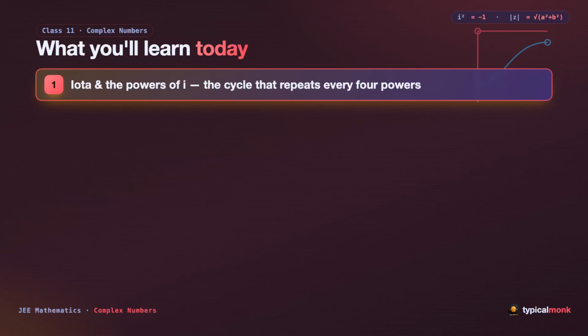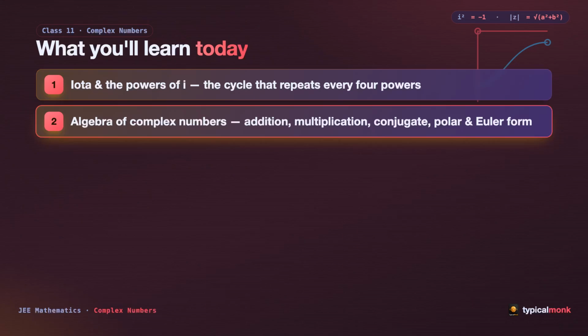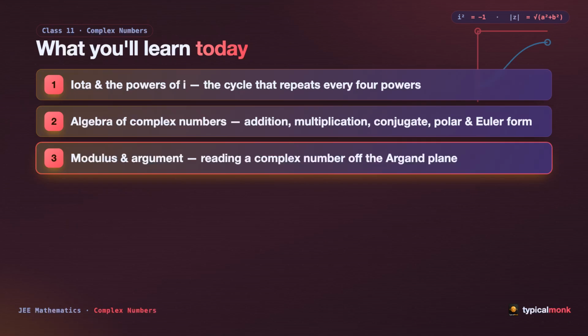So what will you carry home from today's class? First, Iota and the powers of i, the cycle that repeats every 4 powers. Second, the algebra of complex numbers, addition, multiplication, the conjugate and the polar and Euler forms. Third, the modulus and the argument, how we read a complex number straight off the Argand plane.